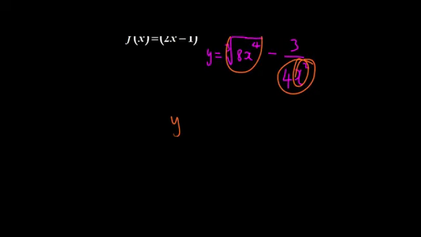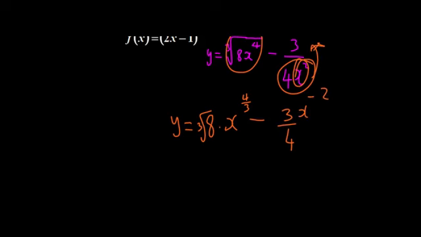So you're going to have y equals, that's the cube root of 8. You can just keep it that way. So cube root of 8, x to the exponent 4 over 3, like I explained earlier, minus 3 over 4, and then you take that x up, then you get x to the exponent minus 2.